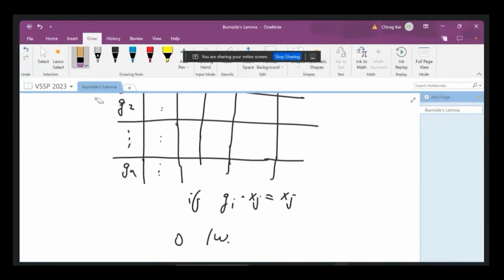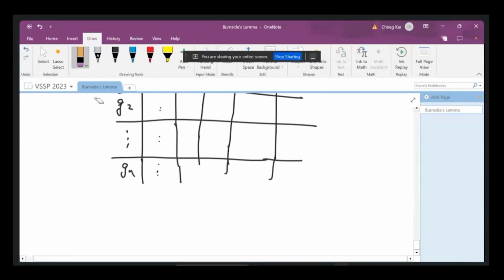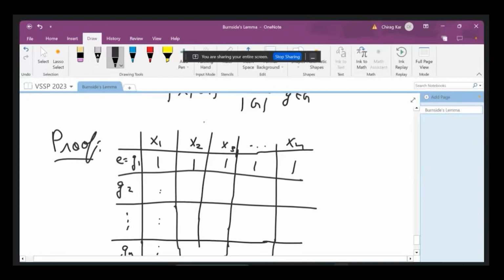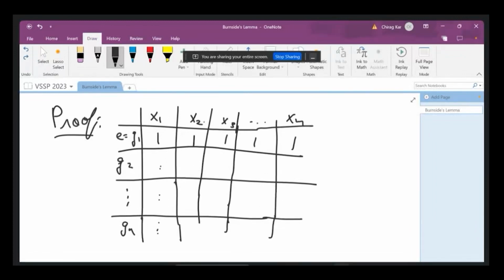Once we are done filling this table, we will add these entries up and we'll see something interesting. I'm going to erase this from here and write it on the other side. Our table is aij equal to 1 if gi dot xj equals xj, and 0 otherwise.